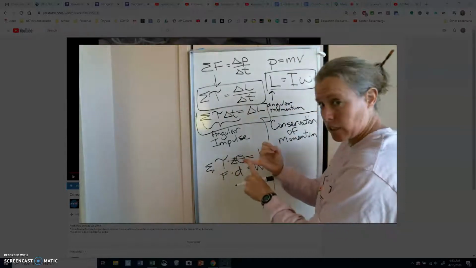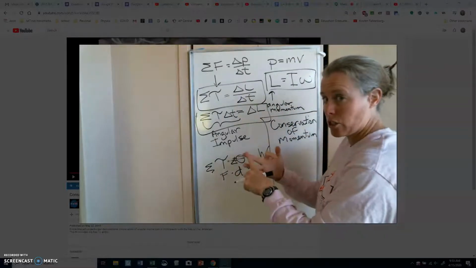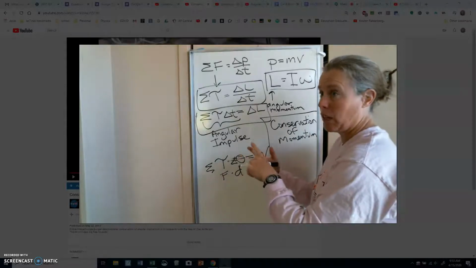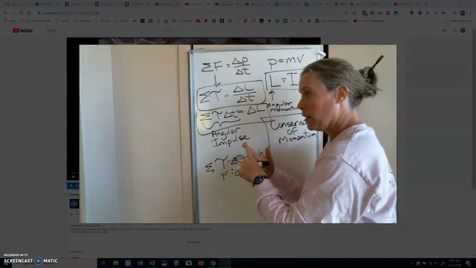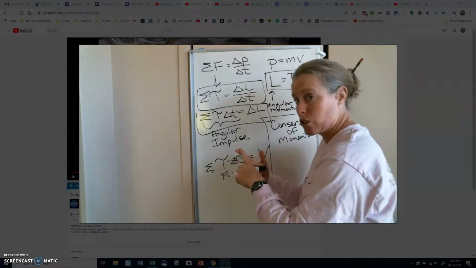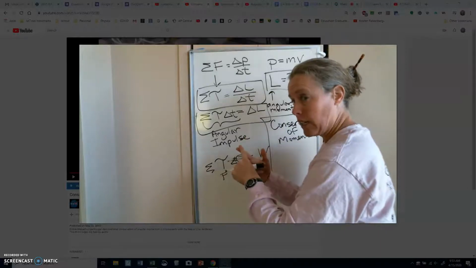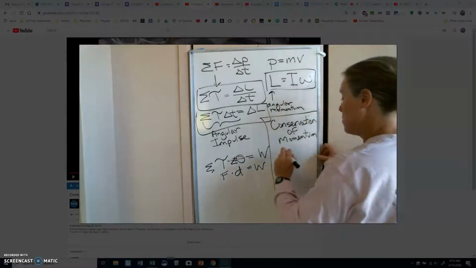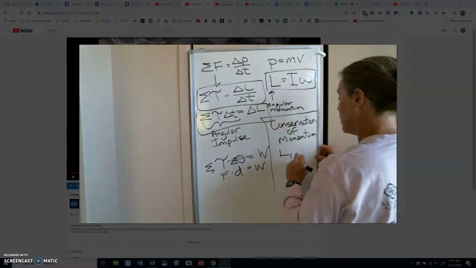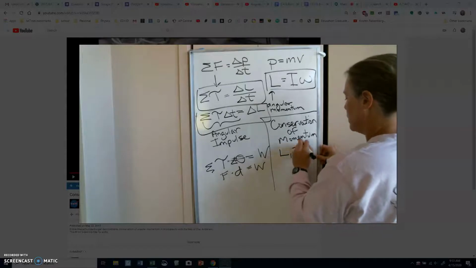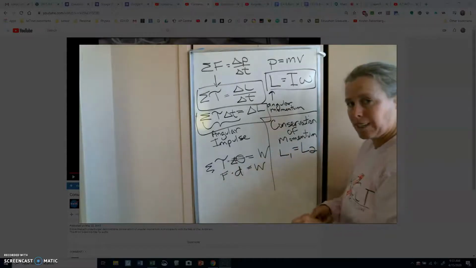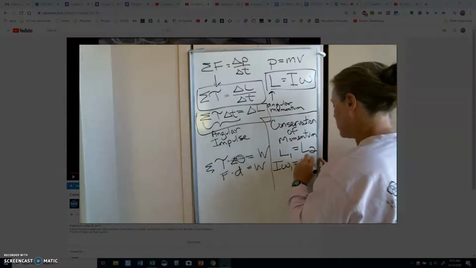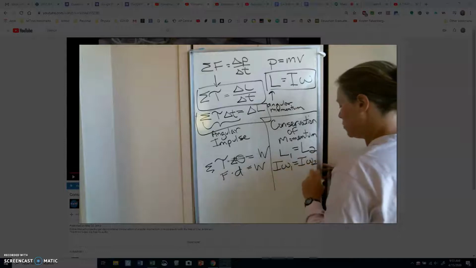We talked about elastic collisions, inelastic collisions, conservation of kinetic energy. If kinetic energy was conserved, it was an elastic collision, and when kinetic energy wasn't conserved, it was an inelastic collision. Ultimately, we're just going to go into conservation of momentum, meaning the momentum in state 1 is going to equal the momentum in state 2. So I omega 1 equals I omega 2.